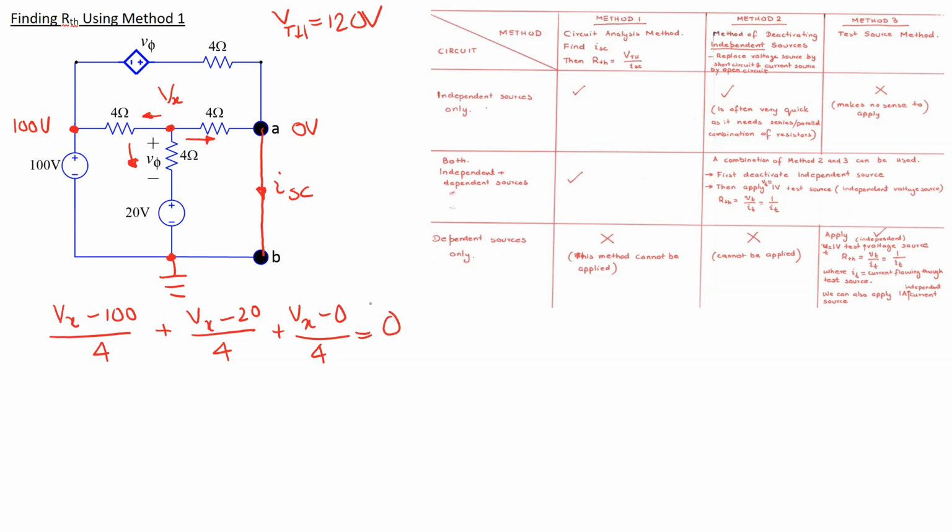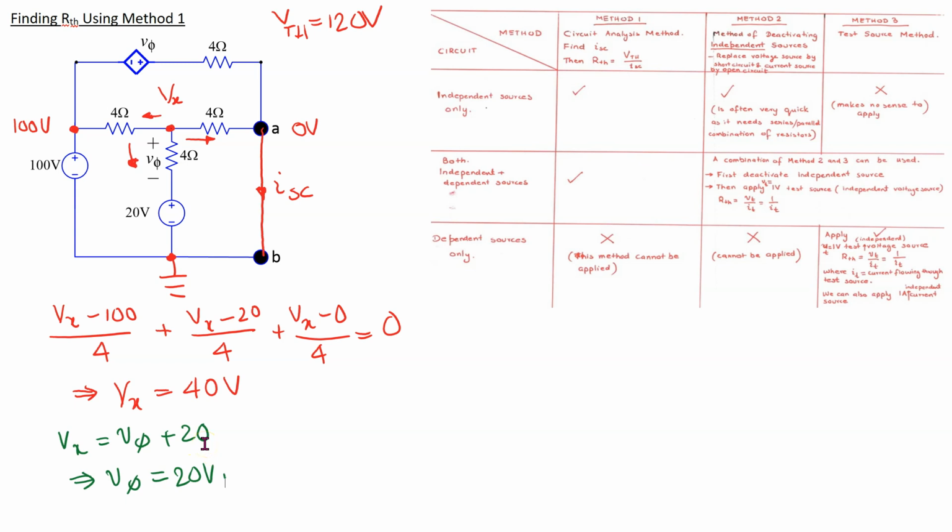Here we have only one unknown variable, and this equation can be solved to show that Vx comes out 40 volts. After finding Vx, we can now find V phi. We can see that Vx is equal to V phi plus 20, so this implies V phi is equal to 20 volts.